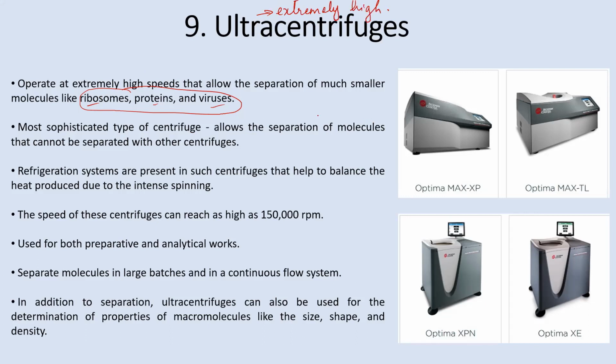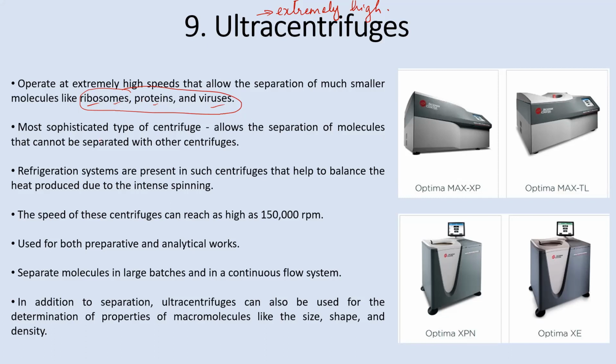So very sophisticated, because you cannot separate those molecules using a microcentrifuge, or a tabletop centrifuge, or the normal high speed centrifuge. This is the only centrifuge which will allow you to separate these biomolecules.